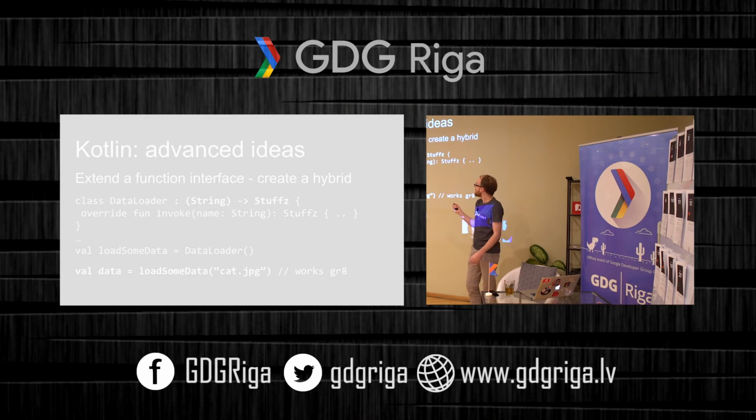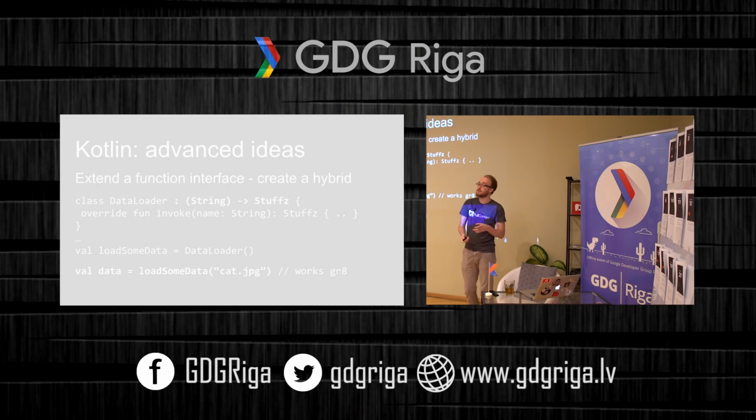Extending a function interface is a cool idea. So you might have noticed, the few of you that have written Kotlin already, that if you ever try to extract a lambda as a variable and define its type, it will have a type something like this. So here are the parameters for that lambda, and here's the return value.